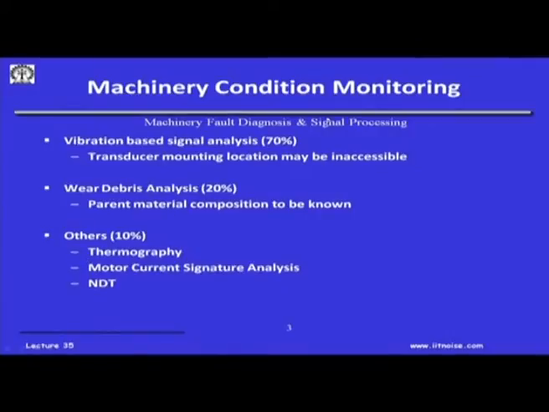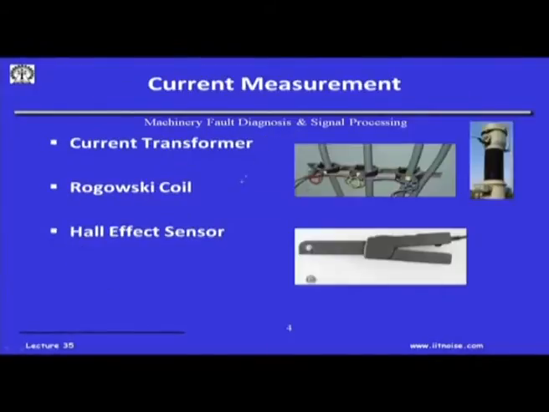And I believe in the future, using wireless techniques and motor current signature analysis, you could be measuring remote places very conveniently. So, you all know by now in this class that we were somewhere here. We know about vibration monitoring, debris analysis, where the parent material composition is to be known, but motor current signature analysis is an upcoming emerging field of CBM.